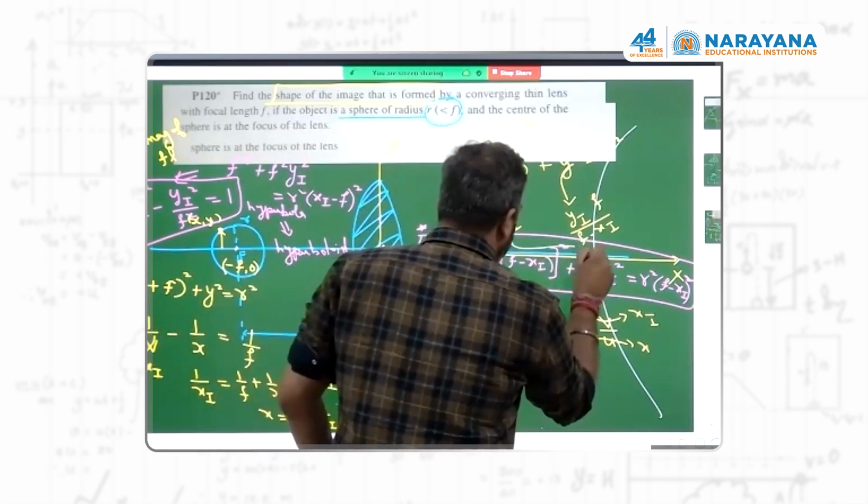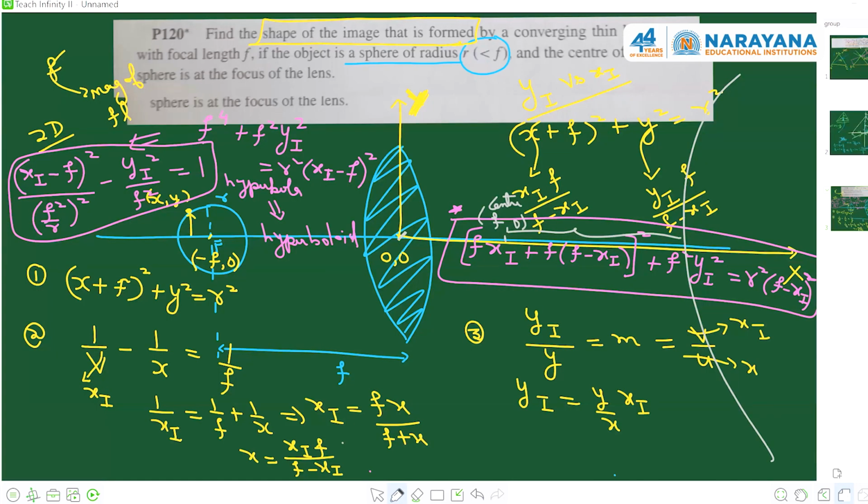And the distance from the center, a, that is f square by r. So at a distance of f plus f square by r, you draw a segment of a hyperbola. Similarly, you have to move on the rear side. Because r is small, this value is large. So here I am drawing a large value from the center, which is f square by r, and from this point, I'm drawing the second segment of my hyperbola.